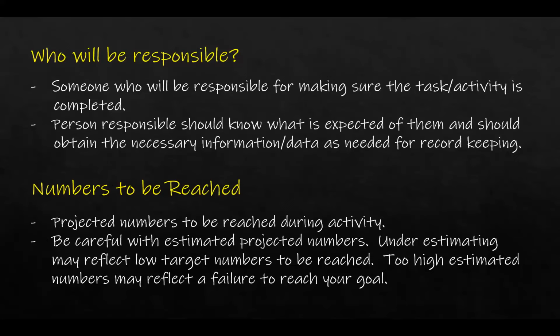That way it doesn't limit me to a certain number. If I say I'm going to reach 125 teachers and I don't, then that doesn't look good. So if I reach up to 125, whatever my number is, I've reached my goal.